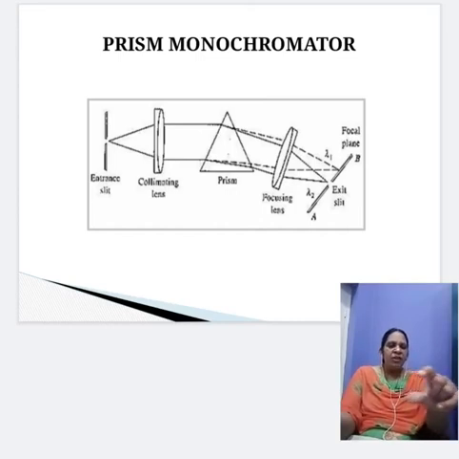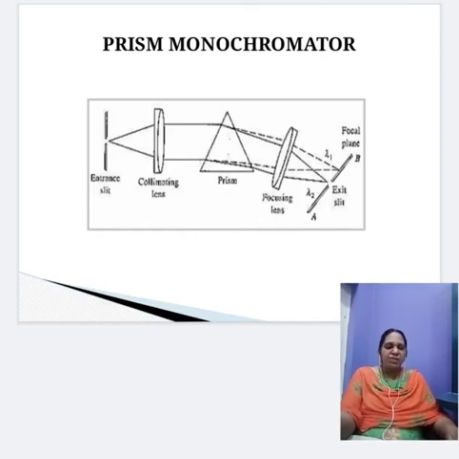Now the name of this monochromator is prism monochromator. So when it is said to be a prism monochromator, you are going to use a prism as the dispersive medium. The parallel light is made to fall on the prism. Then after dispersion in the prism, you are going to get another set of parallel rays. These rays go and fall on the next element. What is that? The focusing lens.